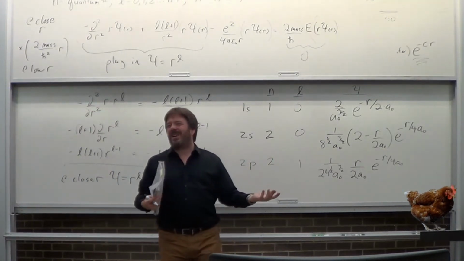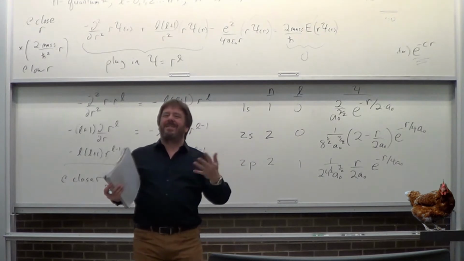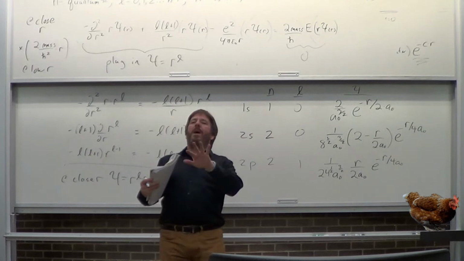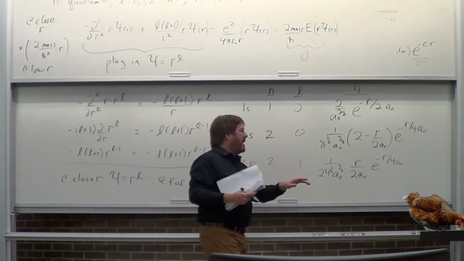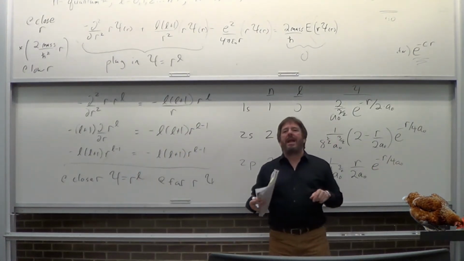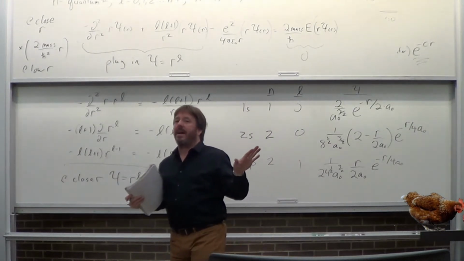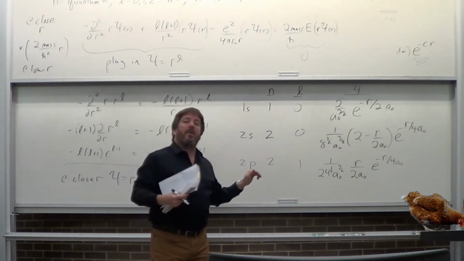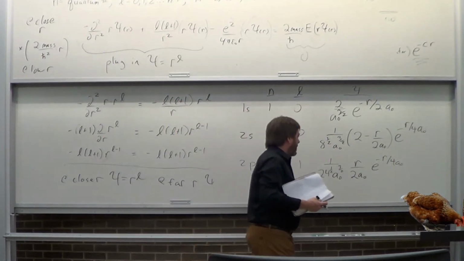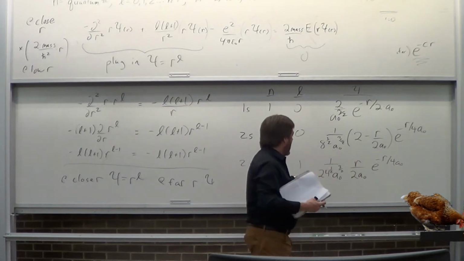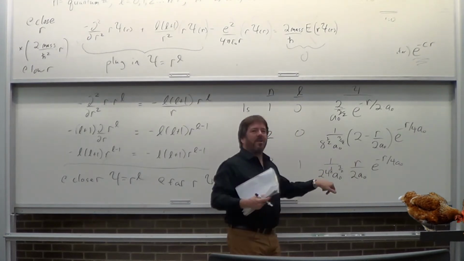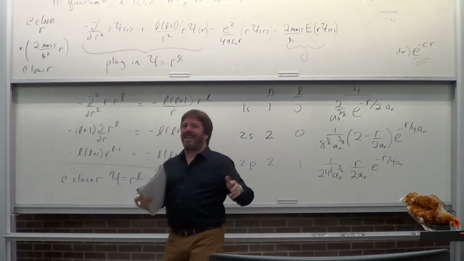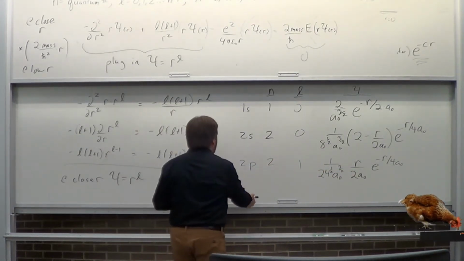Basically, they just mop up all the constants from H bar, mass, 4 pi E naught, the permittivity of space. They all get sucked up into the A naught constant. That's nice. It comes out to have units of length. It's about 0.5 angstroms. I'll write it down in a second. But anyway, where's R to the L? R to the 1, right? Yeah, there we go, R to the L. So it is there. Don't get confused.